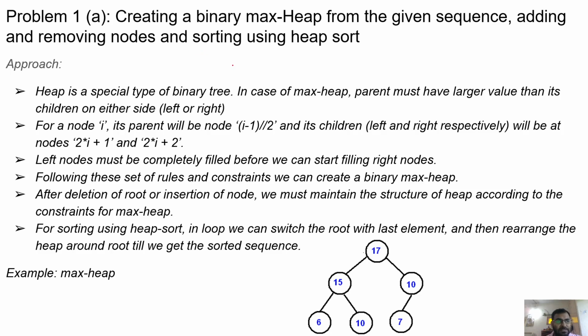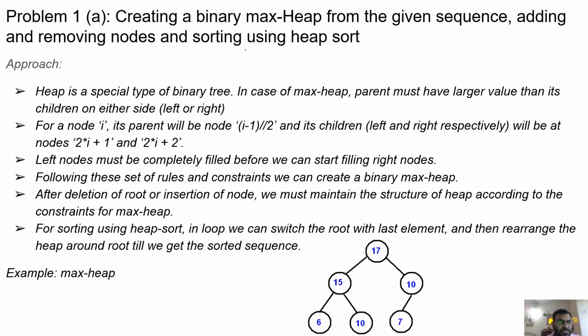So the first problem is creating a binary max heap from the given sequence, and we'll also see how we can remove the root and add another node, and still retain the natural shape of the heap. And we'll also look at heap sort in the same example.